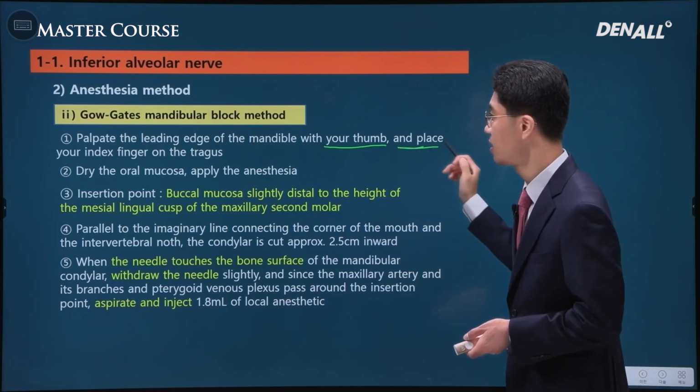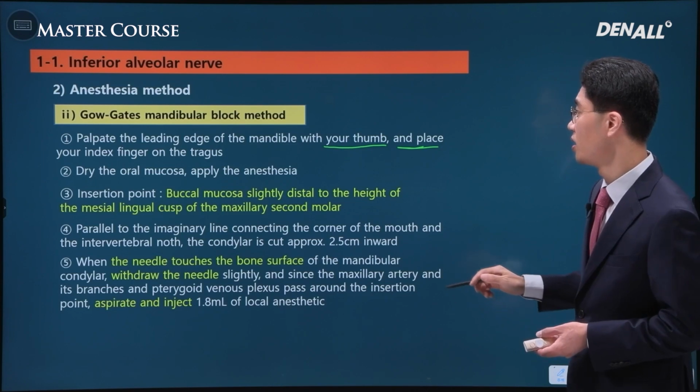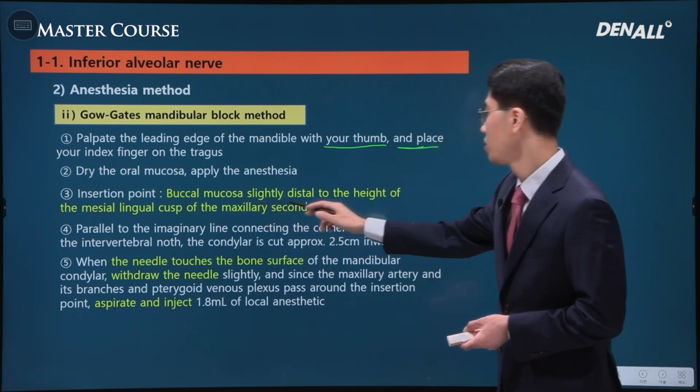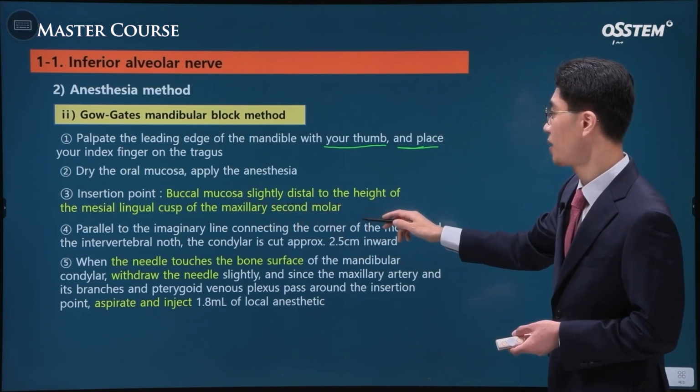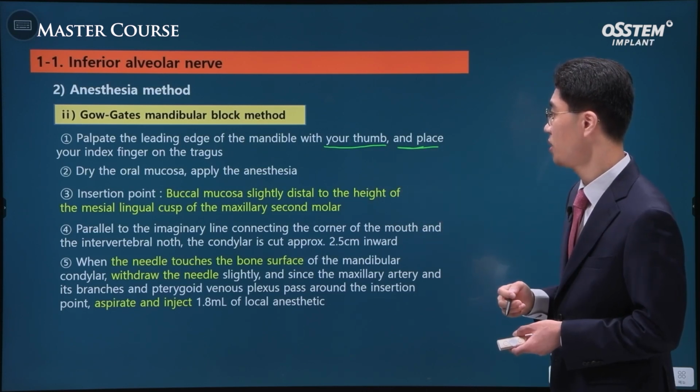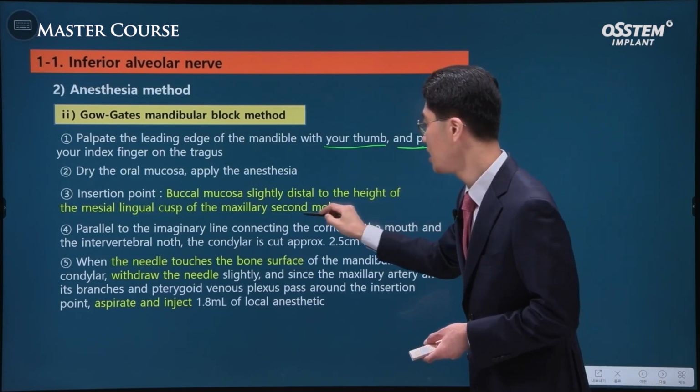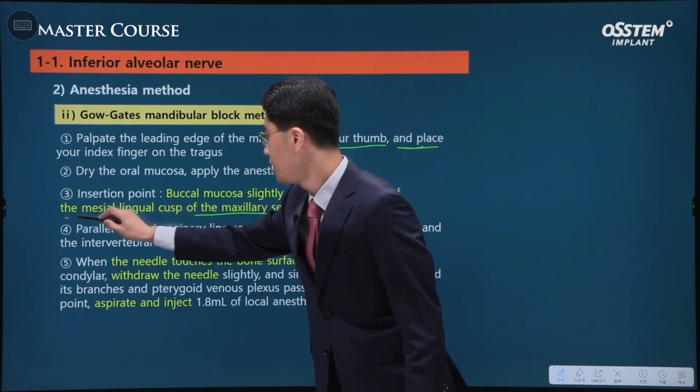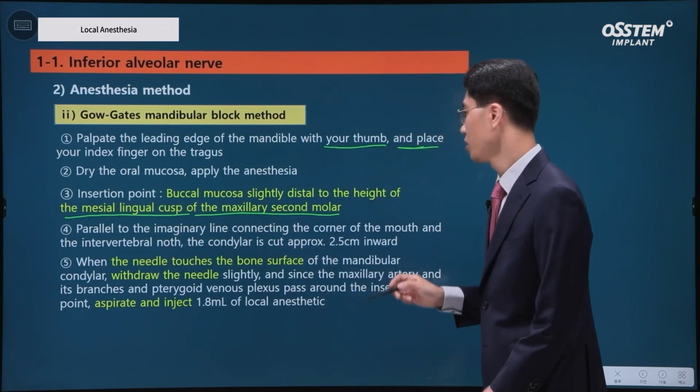Let's look at the insertion point. As shown in the image before, you need to target buccal mucosa slightly distal to the height of the mesiolingual cusp of maxillary second molar.